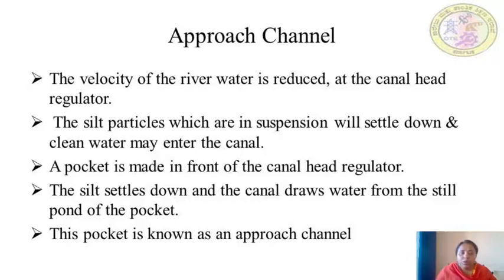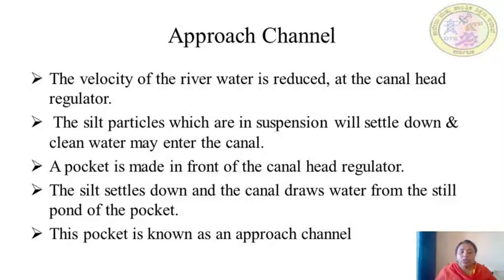To reduce the entry of silt into the canal, the floor level of the upstream side is so adjusted that a pocket is made in front of the canal head regulator. In this pocket, the silt settles down and the canal draws water from the still pond of the pocket, and this pocket we call an approach channel.